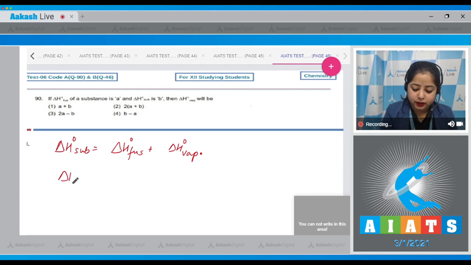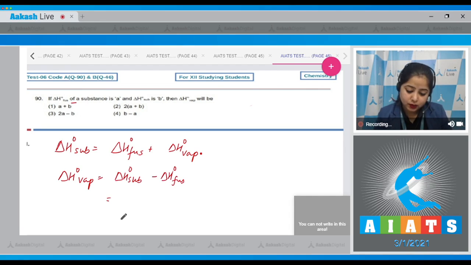We have to calculate enthalpy of vaporization, which is equals to enthalpy of sublimation minus enthalpy of fusion. Enthalpy of sublimation here is B and enthalpy of fusion is A. So enthalpy of vaporization is equals to B minus A. That means the correct answer is option number 4.